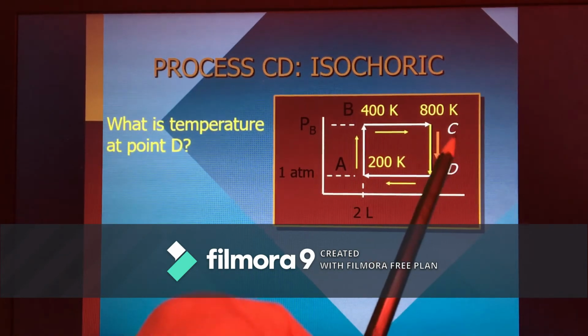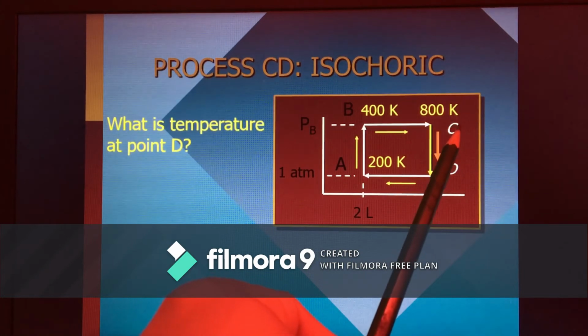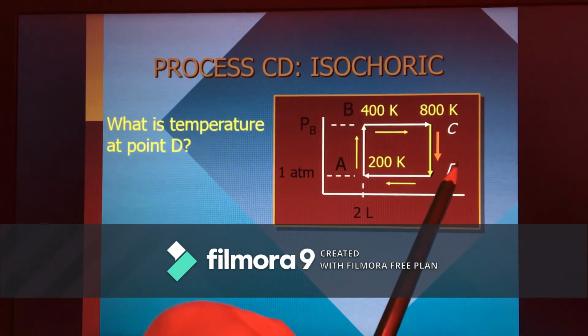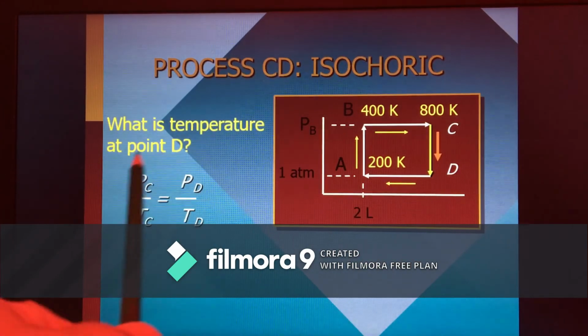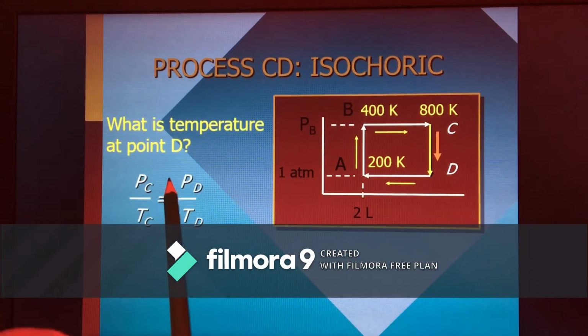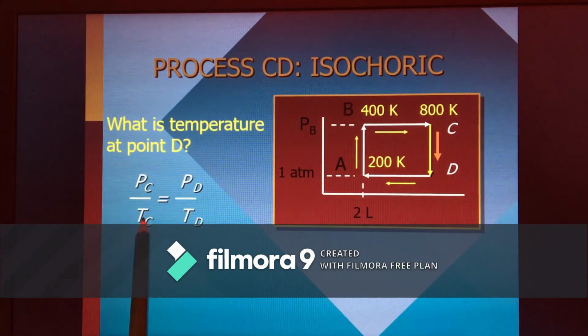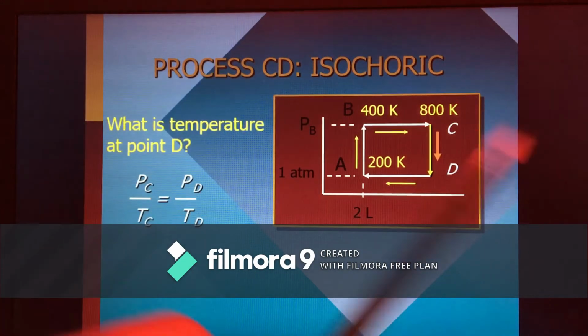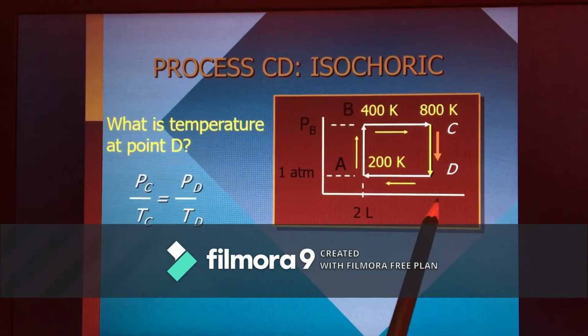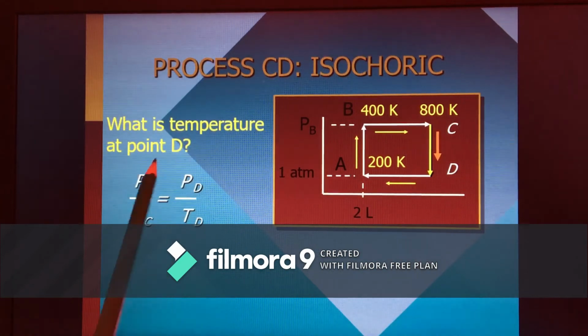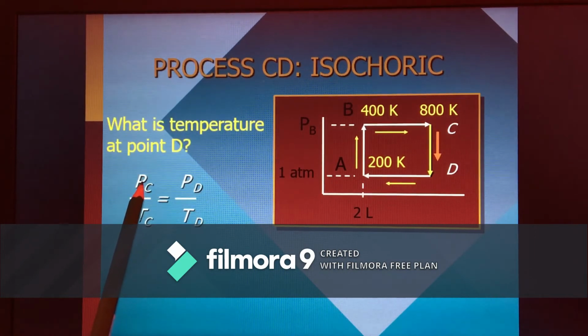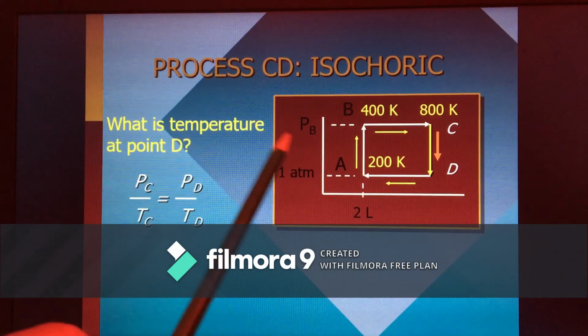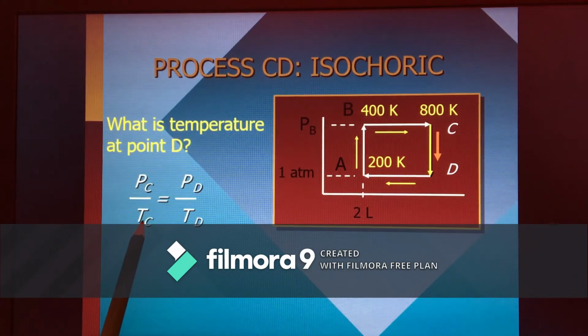So therefore, since the volume at C equals the volume at D, we can reduce the equation into this relationship. The pressure at point C divided by the temperature at point C equals the pressure at point D divided by the temperature at point D. So now we are looking for the temperature at point D. Here we have the temperature at point C, the pressure, which is 2 atmospheres, and this is the temperature, 800.